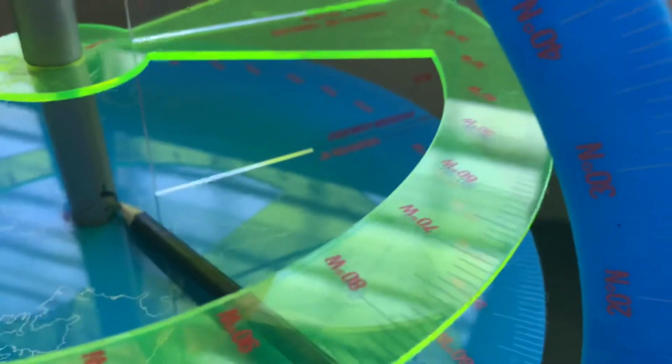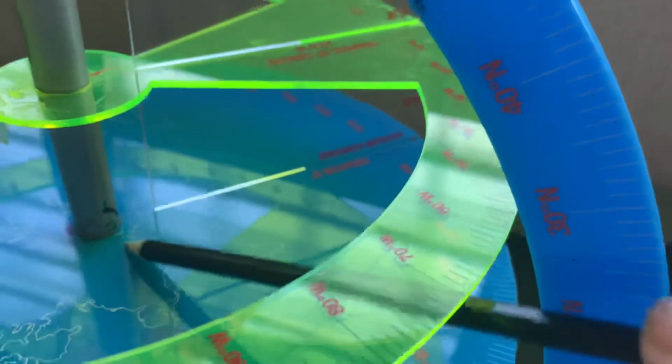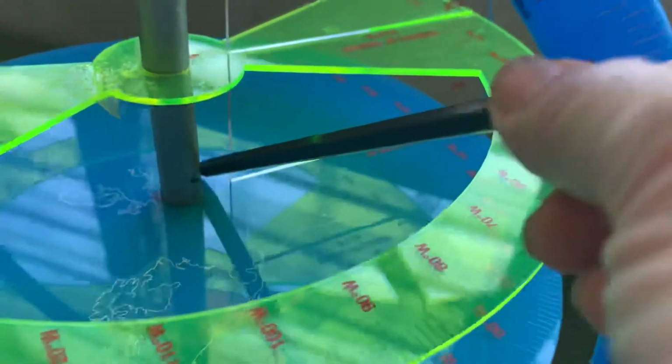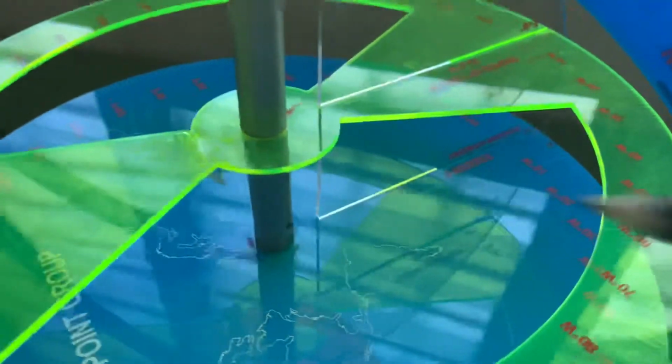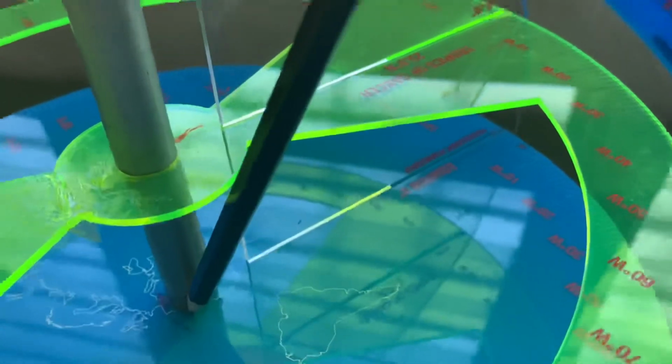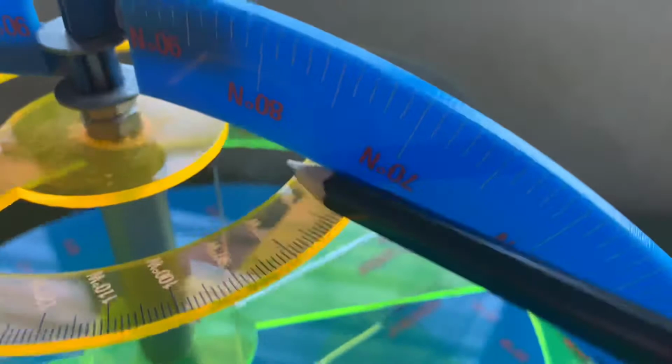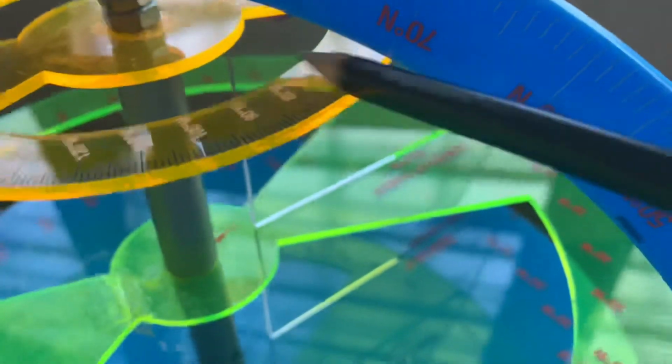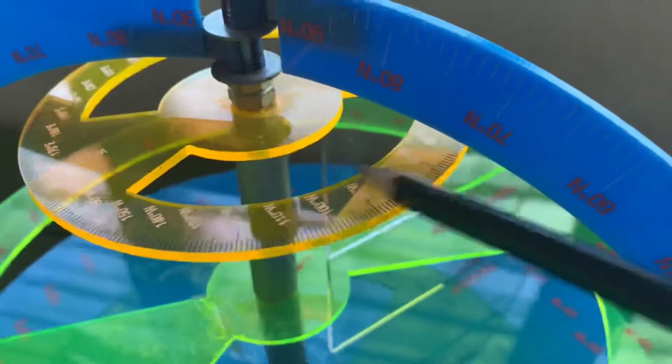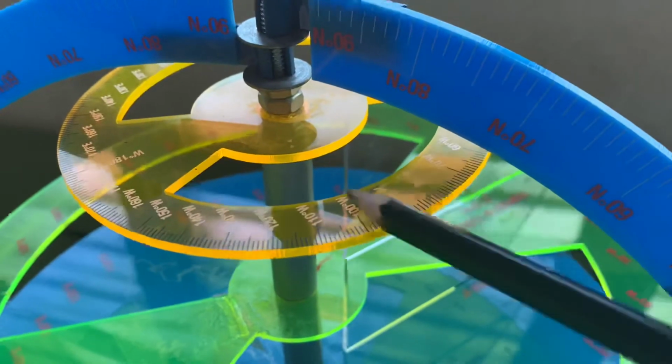If I measure up until here, the angle between the pencil and the blue circle is 70, so this is 70 degrees to the north. This is called parallel latitude, 70 degrees north.